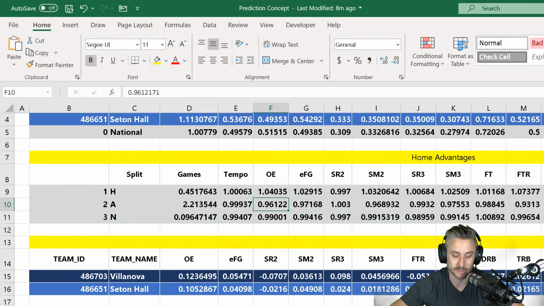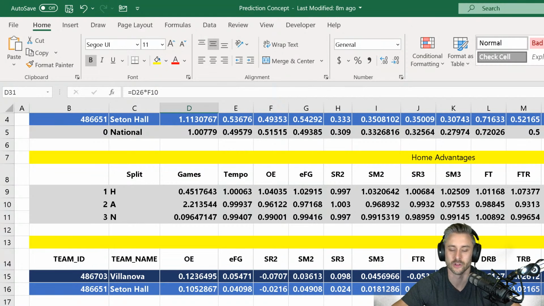So for Villanova, you'd multiply this number, 1.04, times the away disadvantage number, which is 0.96122, because on average, a team's offensive efficiency on the road is about 96% of what it would be on a neutral floor. And so 0.96 times 1.04, which means their expected offensive efficiency at Seton Hall would be 1.00589 when you factor in the home advantage.